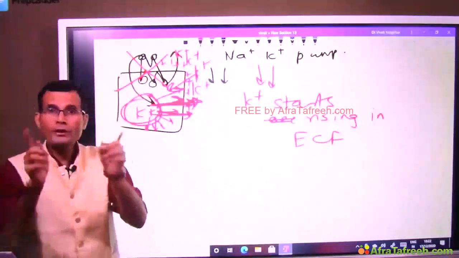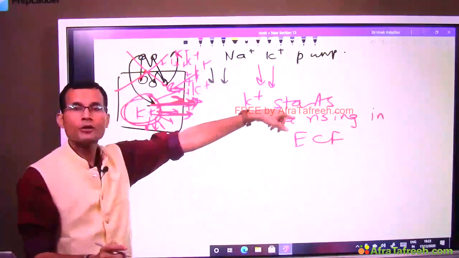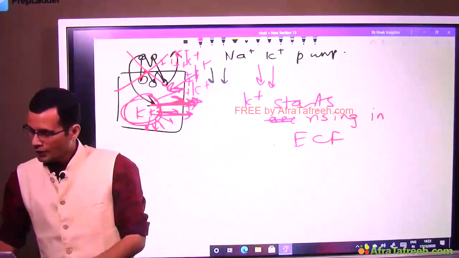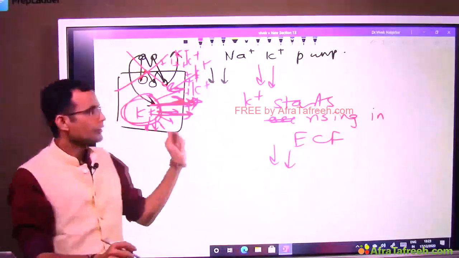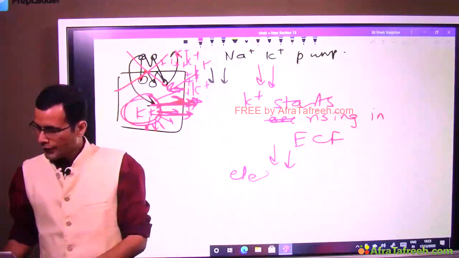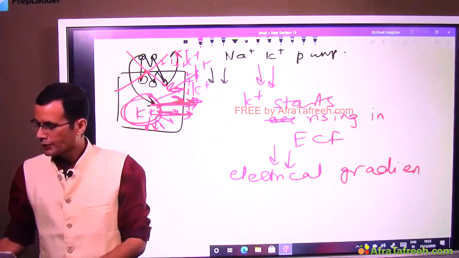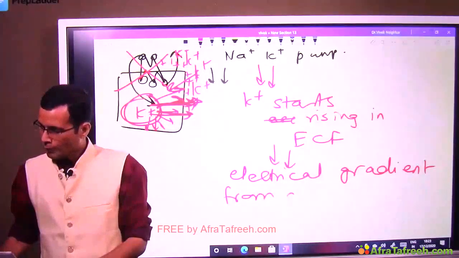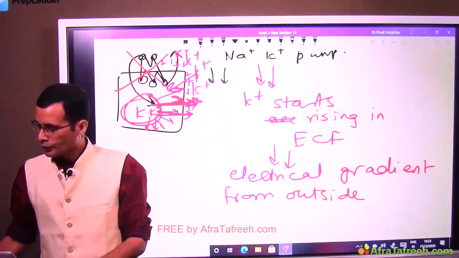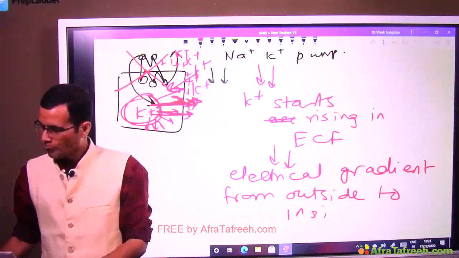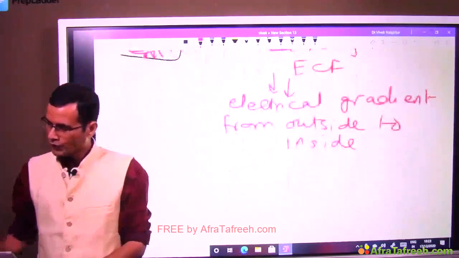So, and all that has happened because of this failure of the sodium potassium pump. So potassium starts rising in the ECF. Therefore, electrical gradient got created in the opposite direction. Electrical gradient from outside to inside, means in the opposite direction to that of the concentration gradient.